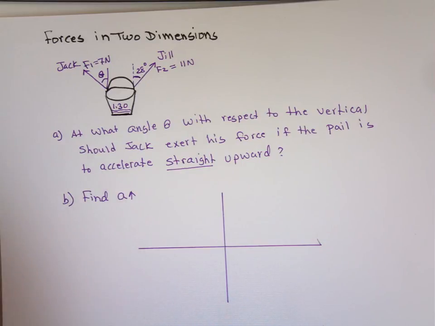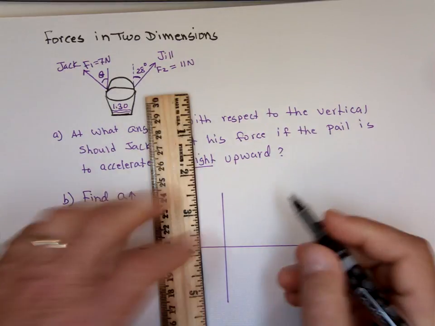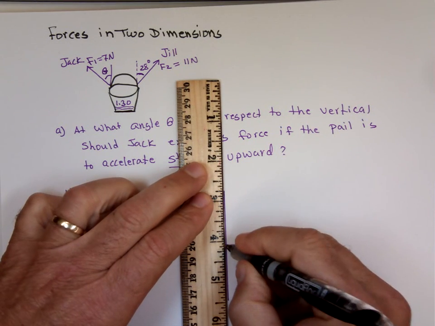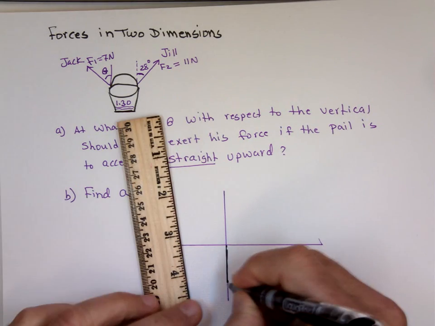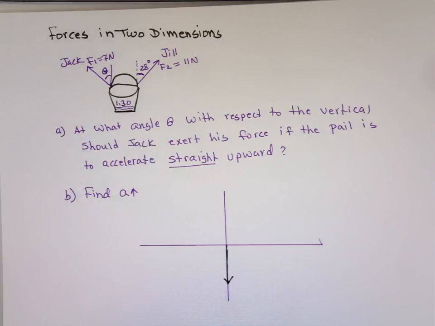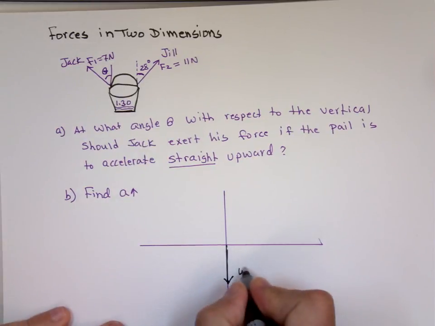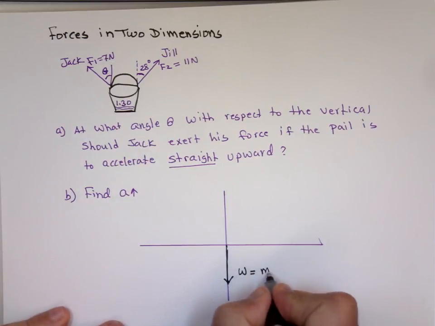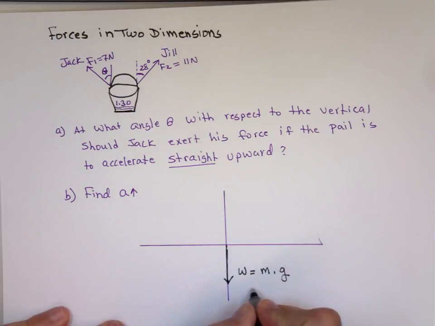Here is what we know. We know the weight down, the weight of the pail. And what is the weight? Weight equals mass times gravity, right? What is the mass? 1.30.